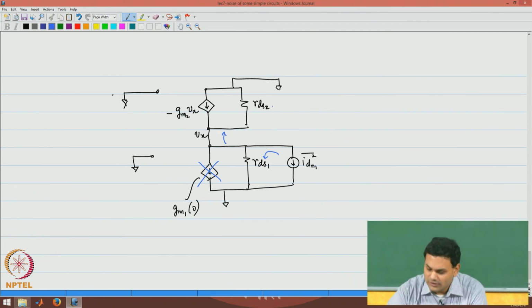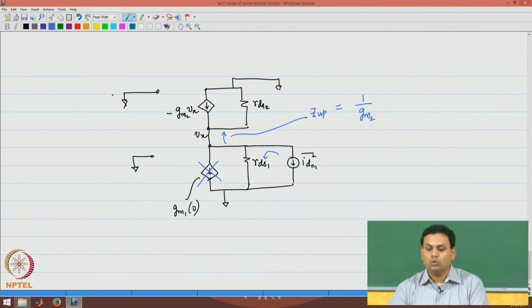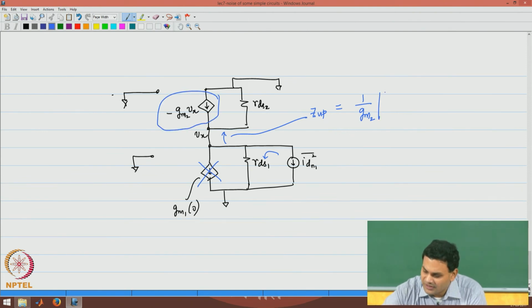It turns out that the impedance looking up is simply 1 over GM2, because this current source comes completely in parallel with RDS2.